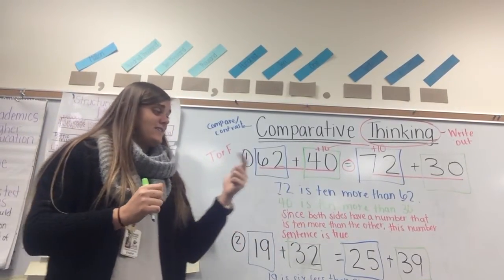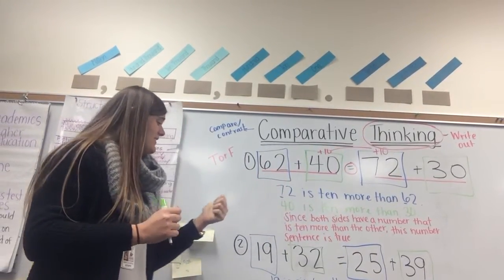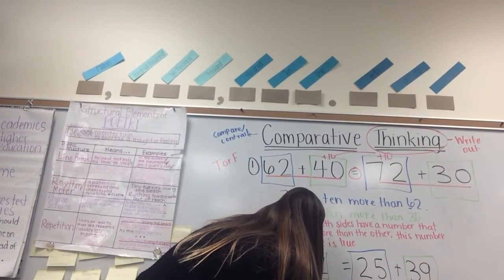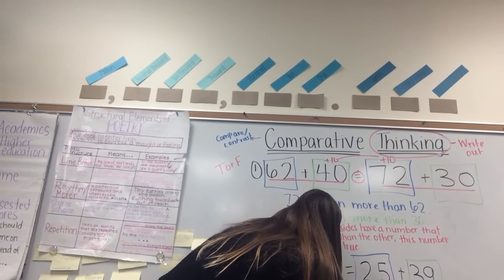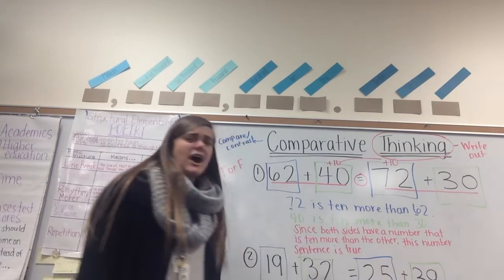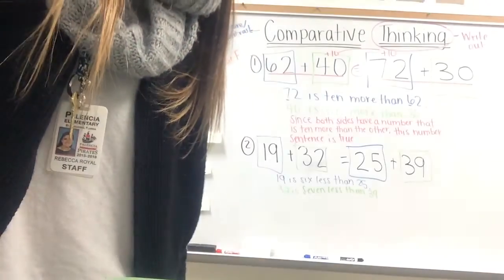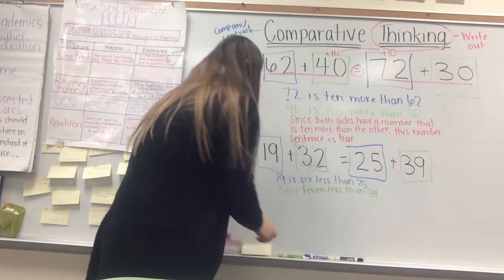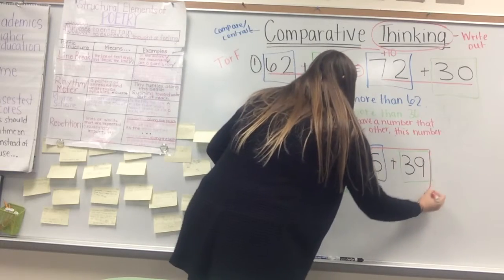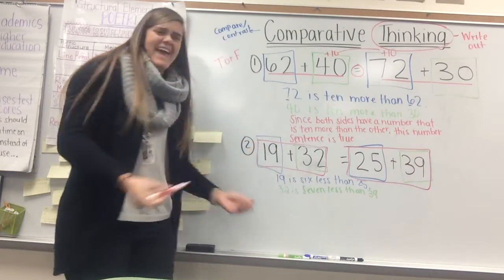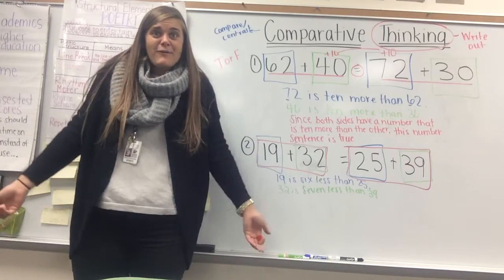So 39, 38, 37, 36, 35, 34, 33, 32 is 7 less than 39. If both of these numbers over here are bigger than both of the numbers over here, can this be true? There's no way.